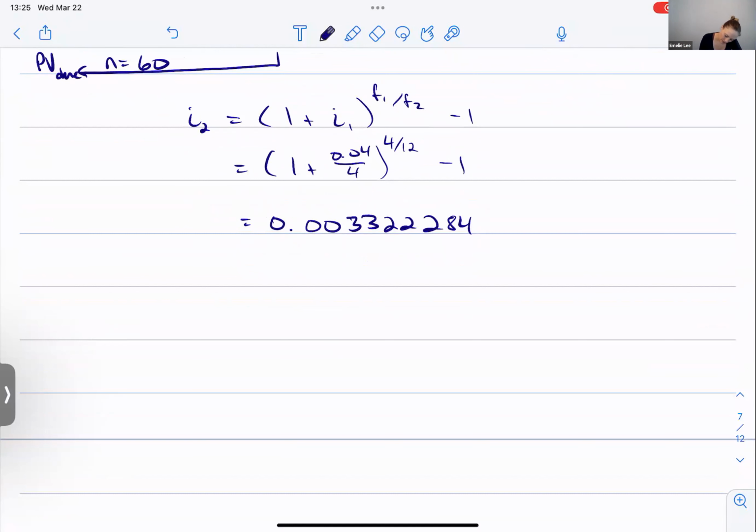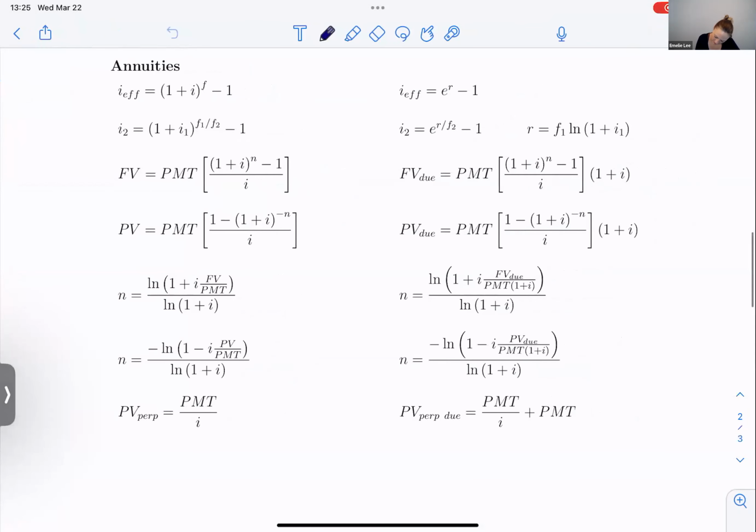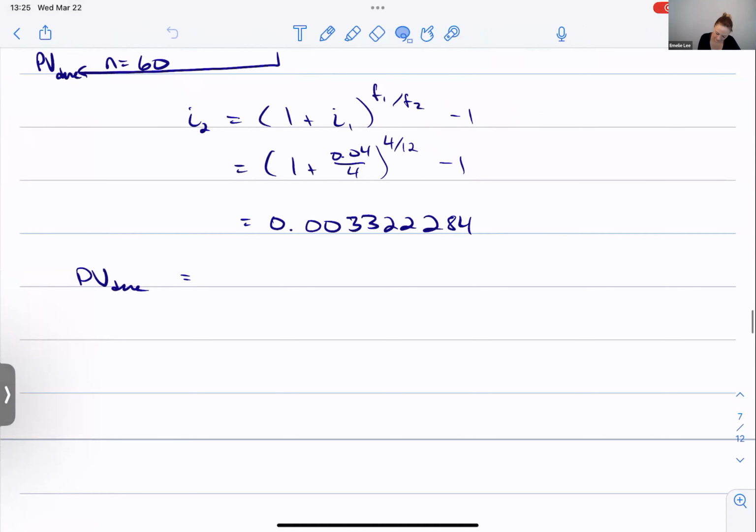Okay, so I want to find the present value due, which from the formula sheet is this one here.